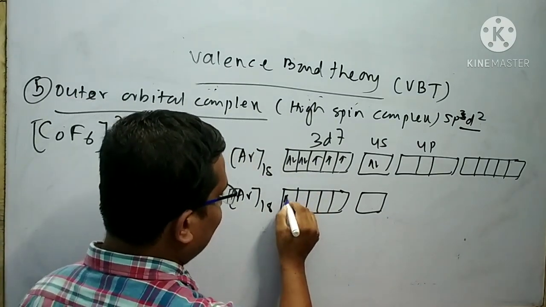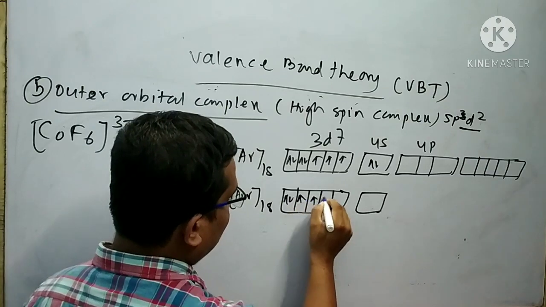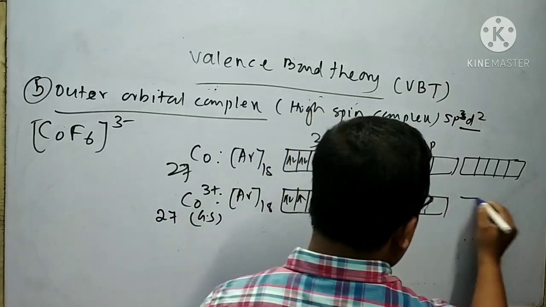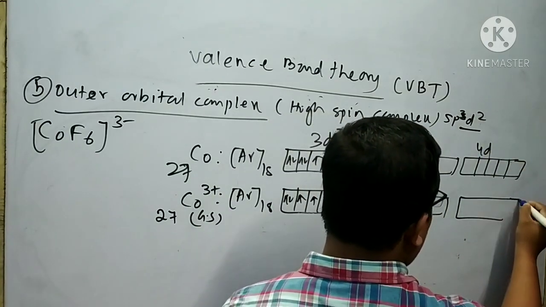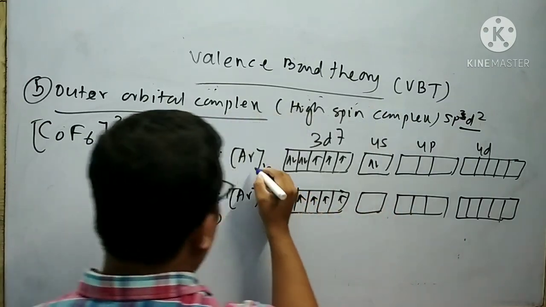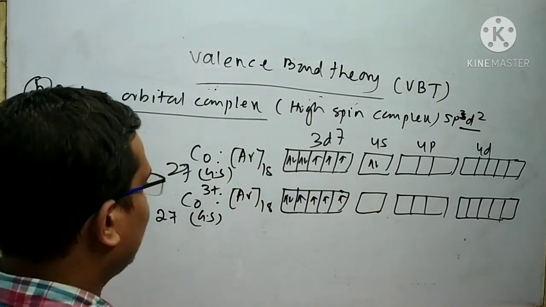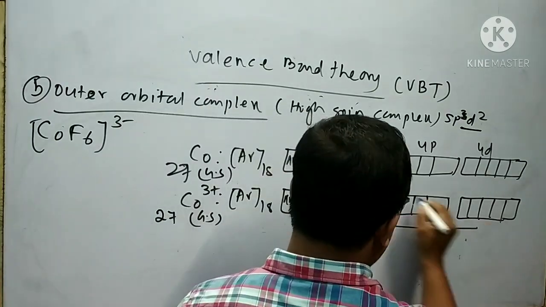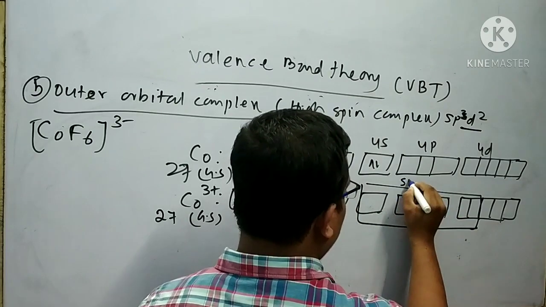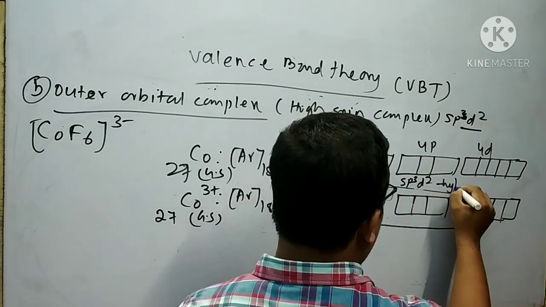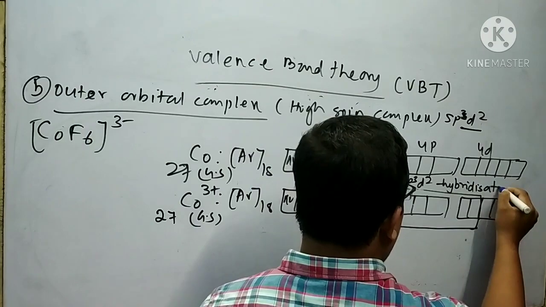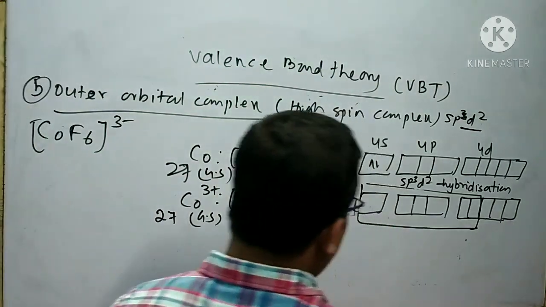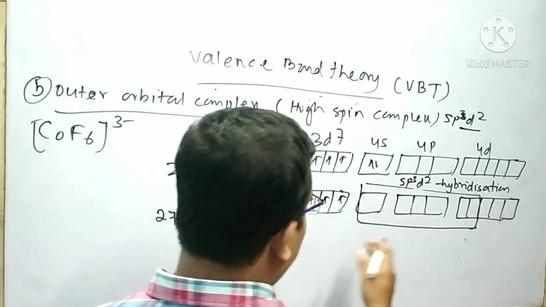So I can write like this: this is your 4p, this is your 4d. This is your ground state. Now I will do the sp3d2 hybridization like this. This is your sp3d2 hybridization. After sp3d2 hybridization, here 6 sp3d2 hybrid orbitals are present.